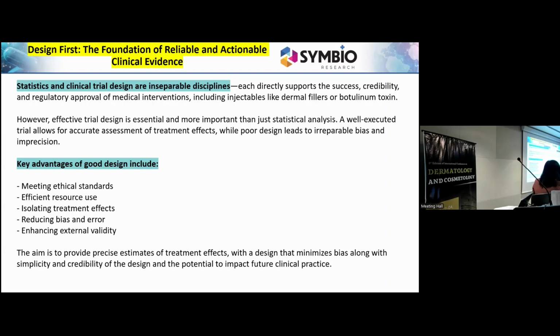A well-executed trial allows for accurate assessment of treatment effects, while a poor design leads to irreparable bias and imprecision. We know that in pharmaceutics and the cosmetic industry so much money is being pumped into creating treatments, as we try to raise the bar of our safety and efficacy.